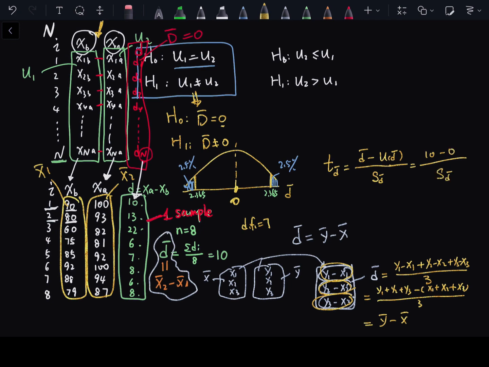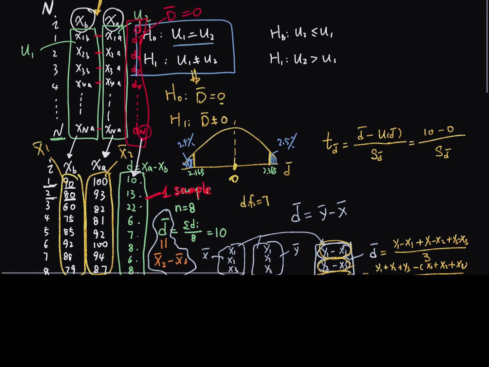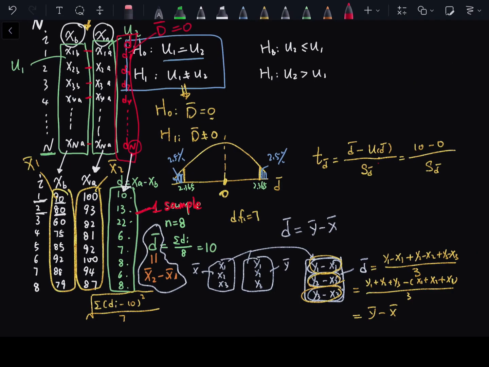That standard deviation, the sample standard deviation, equals the square root of the sum of each value of d minus the average, squared, divided by degrees of freedom. You can solve for it. But this is the central limit theorem, actually, so don't forget to divide it by the square root of n.